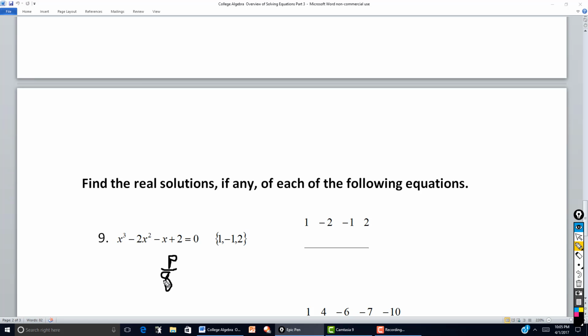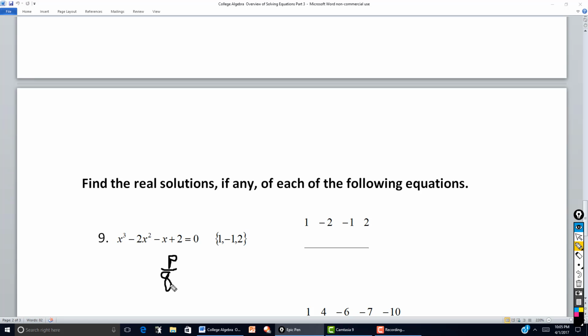Or I should say, if it has rational zeros, they're going to be of this format. If you don't have rational zeros, that's going to be a little bit harder to solve, and you might have to use a graphing calculator. But if it has rational zeros, it has to be in the form p over q.